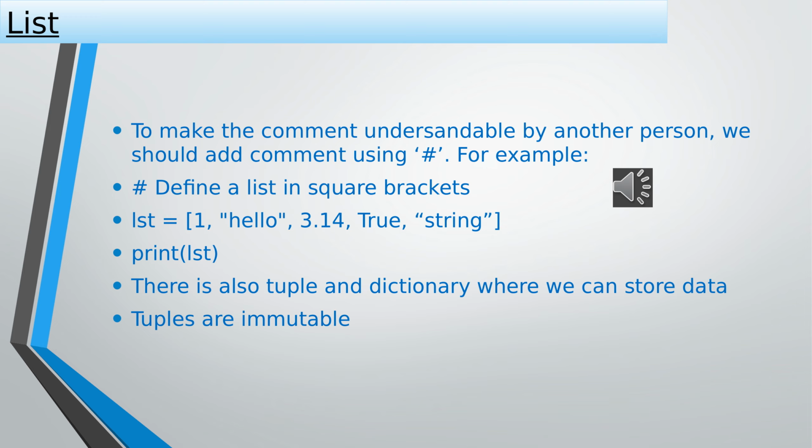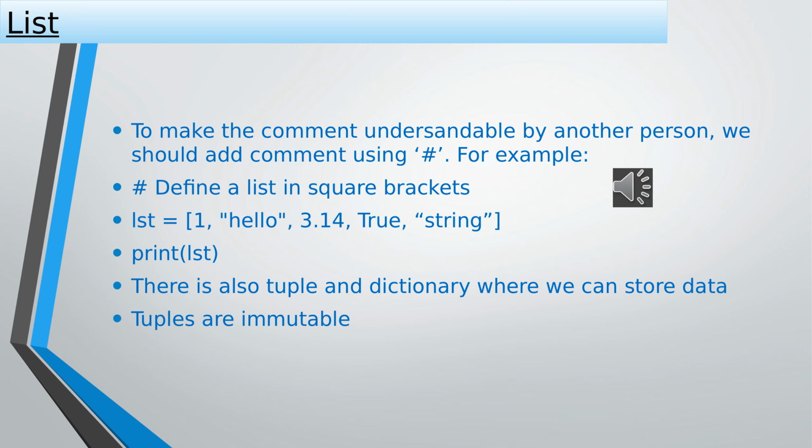Comments are ignored by the Python interpreter, so they are meant only for humans reading the program. We create a single-line comment by placing the hash symbol, or pound symbol, before the text. Writing meaningful comments makes your code easier to understand and maintain, especially when working on large projects or collaborating with other developers.